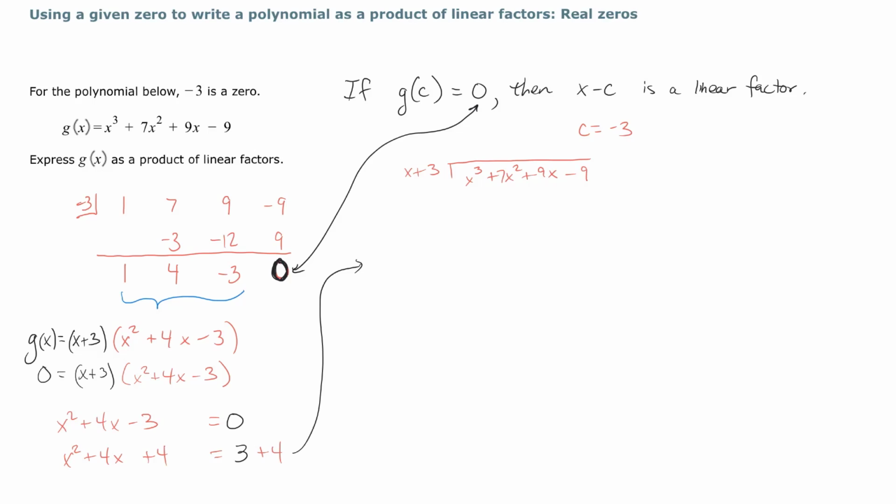And now what do we have? We have the quantity x plus 2 squared is now equal to 7. Take the square root of both sides. And now we have the absolute value of x plus 2 is equal to the square root of 7.